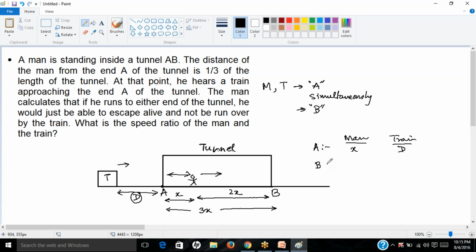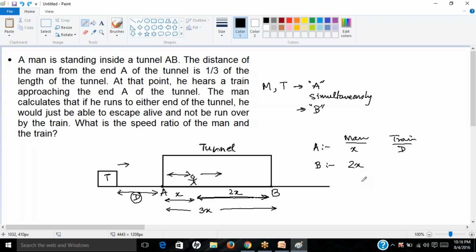Now, imagine the man is traveling towards B instead. So the man will travel this distance 2x, isn't it? So, to travel a distance 2x, the man must have taken twice the time. See, the man is running at a constant speed, isn't it?